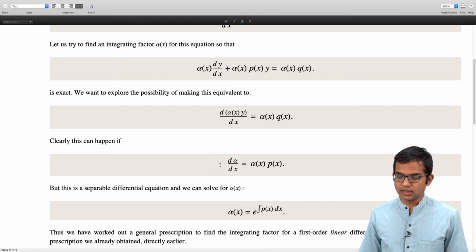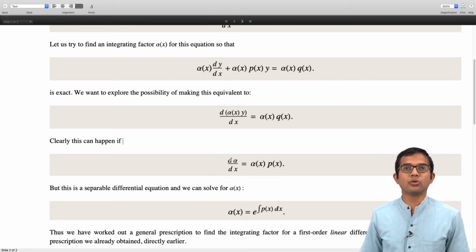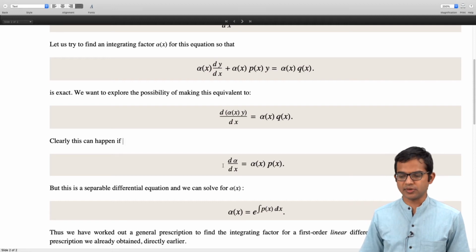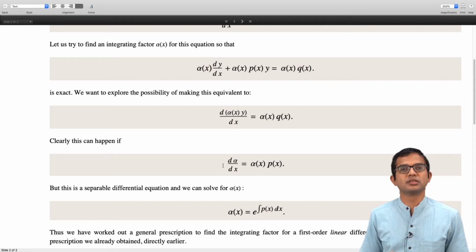If you compare notes with the earlier lecture where we worked out the solution for the first order linear differential equation, you'll see that in fact you get exactly the same answer as before from this method. But it's illuminating to think about this in terms of an integrating factor and finding a solution for this integrating factor of this particular form.